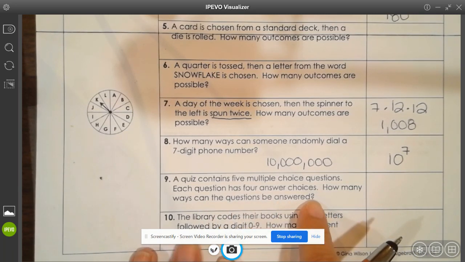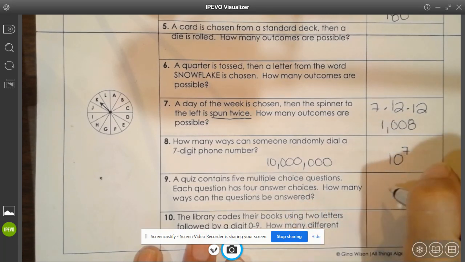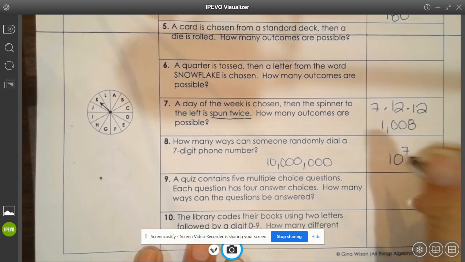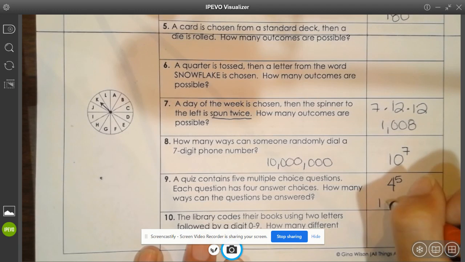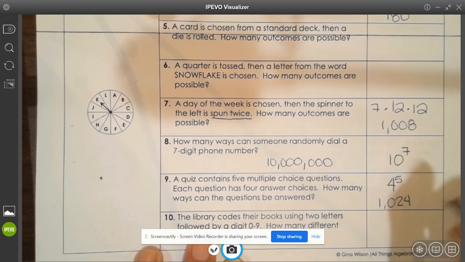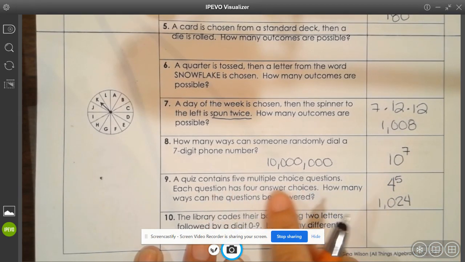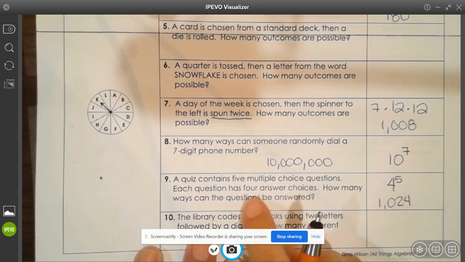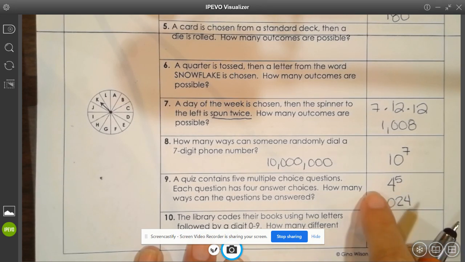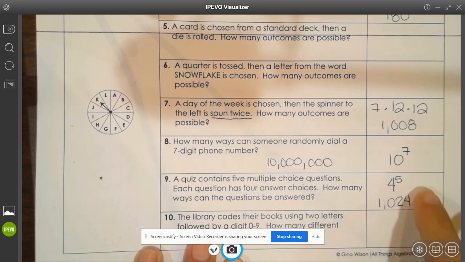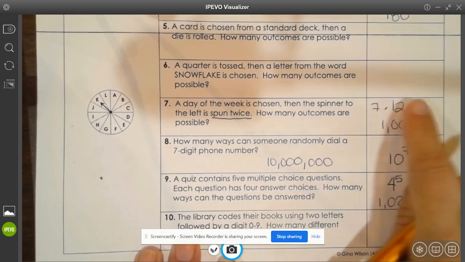Well, you have 5 multiple choice questions and 4 choices each. So that's 4 times 4 times 4 times 4 times 4, so 4 to the 5th power, which is 1024. You can just use exponents at this point, right? Here's the multiply.